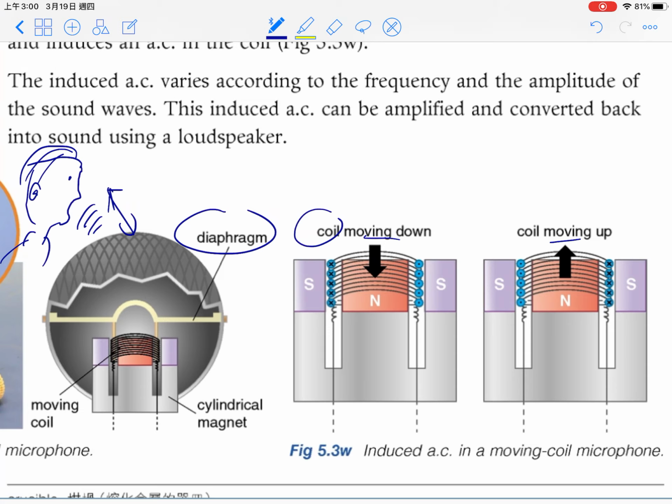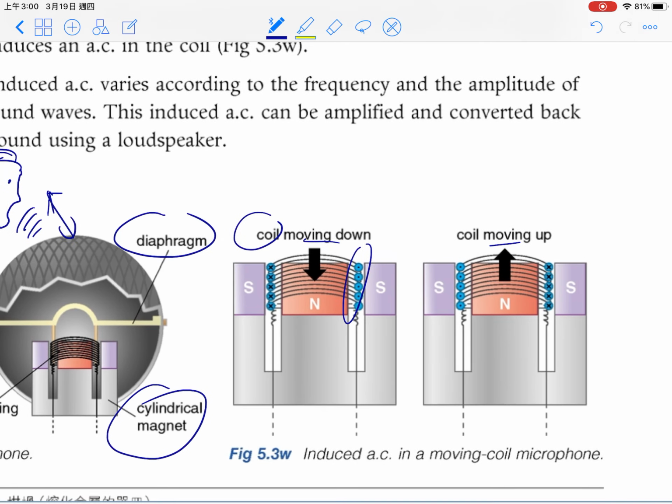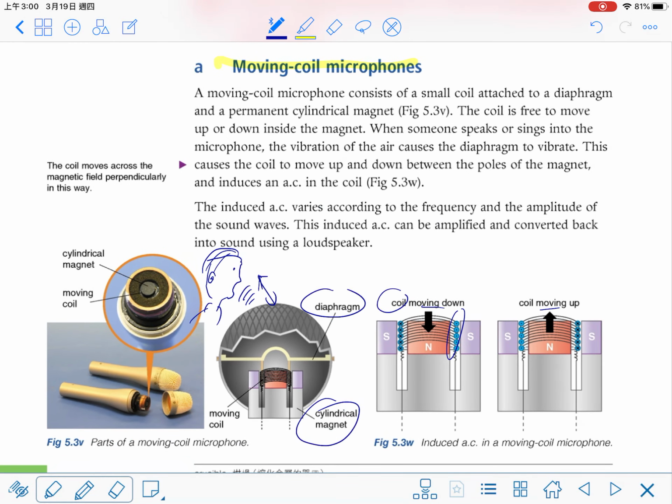And you see here we have a cylindrical magnet inside. So if the coil moves up and down, it will cut through magnetic field lines. Then we have induced current. For the induced current signal, we can use a loudspeaker to broadcast the sound. So this is the working principle of the moving coil microphone.